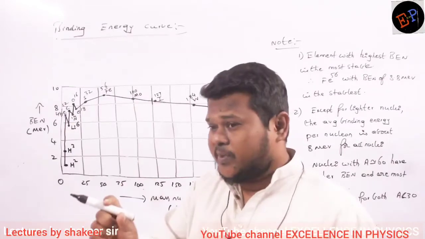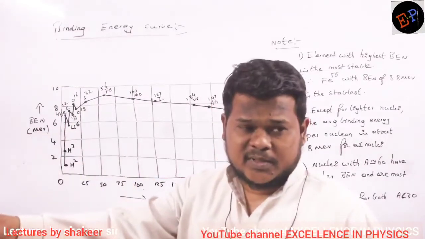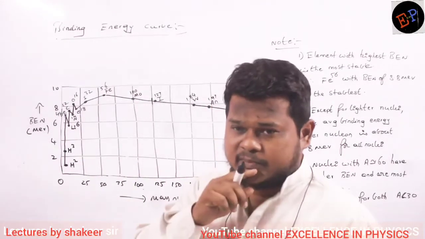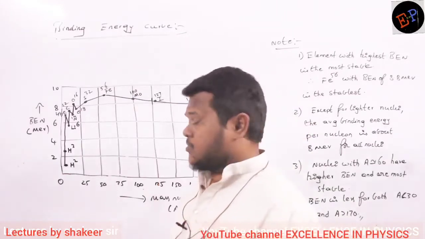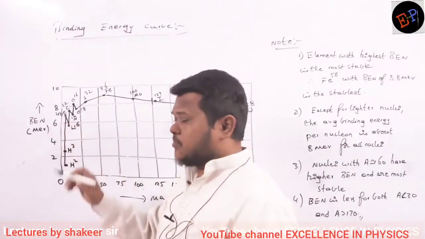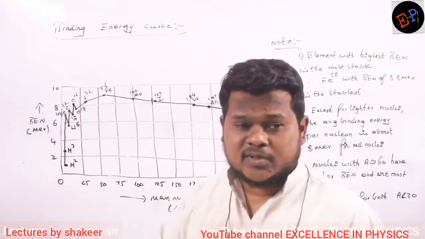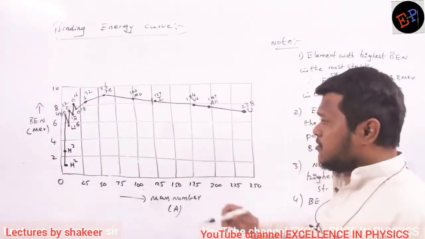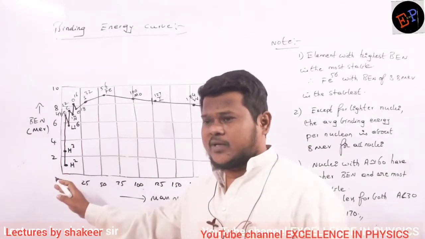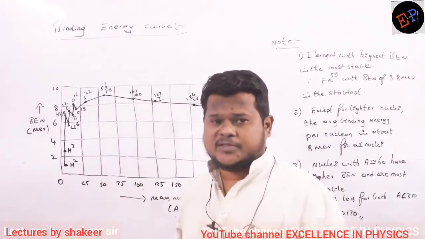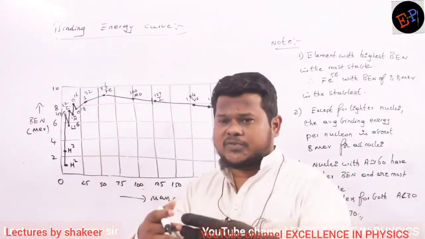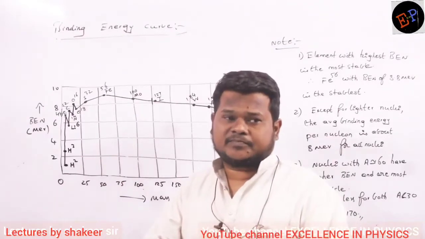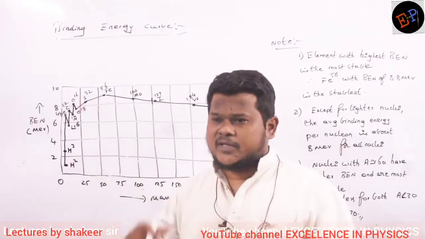So when lower BEN converts into higher BEN, is energy released or absorbed? Energy will be released. So when two hydrogens combine to become helium, a very huge amount of energy will be released. Are you able to understand? And this process is called what? Nuclear fusion reaction. Two hydrogens are getting fused and helium is formed. Lower BEN converts into higher BEN.